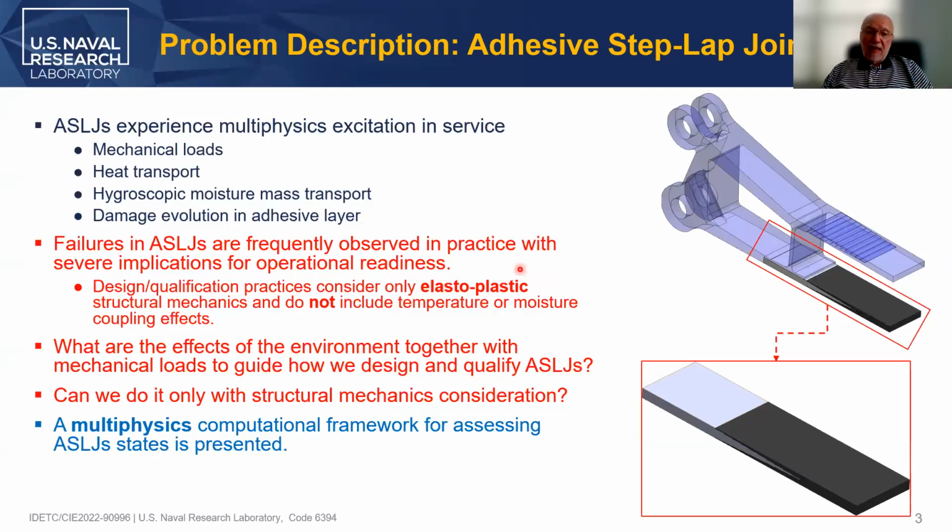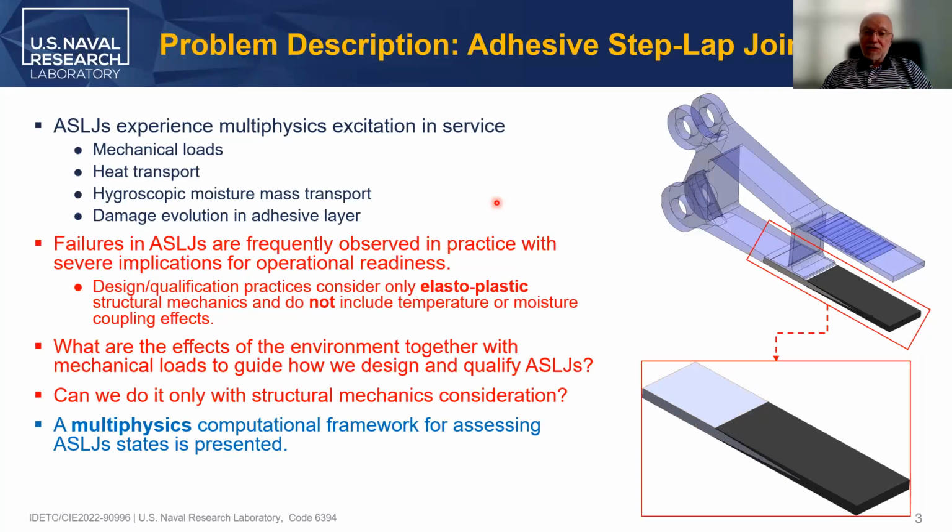Now, these joints, however, not only experience mechanical loads, but they also see heat transport and hygroscopic moisture mass transport, and obviously damage evolution in adhesive layers. The problem is that there are many failures on these adhesive step-lap joints, and they have severe implications on the operational readiness of these platforms, like the F-18.